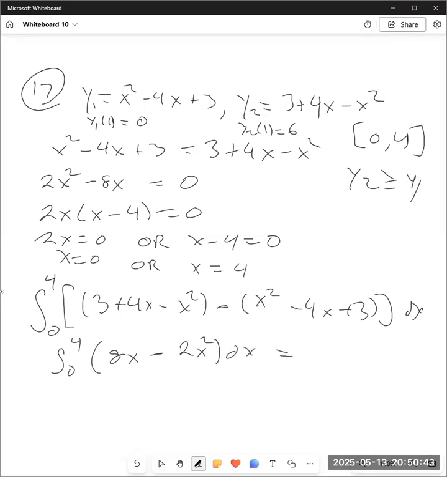That's going to give me 4x squared minus 2/3 x cubed from 0 to 4.